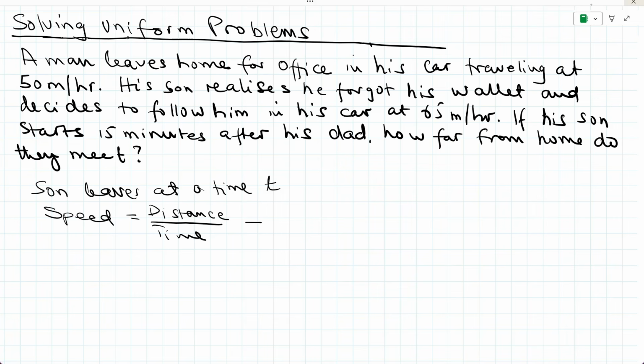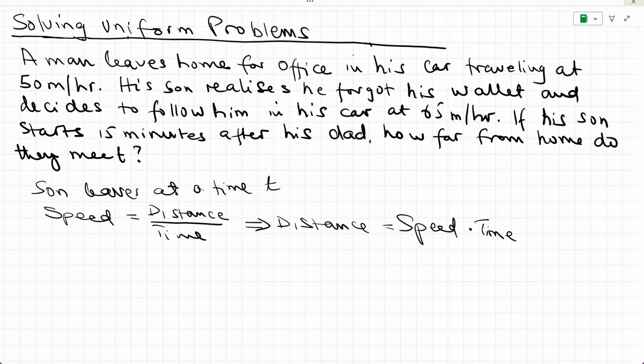So from this equation, we find that distance is equal to speed times time. Okay? So since we know that they will meet at the same distance, we need to use this formula to find out exactly the distance where they will meet.